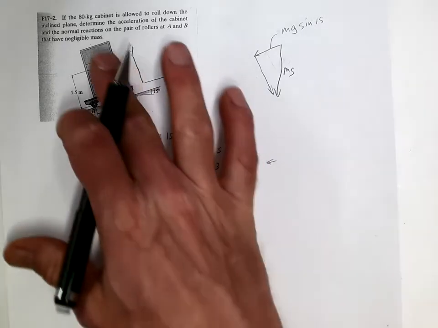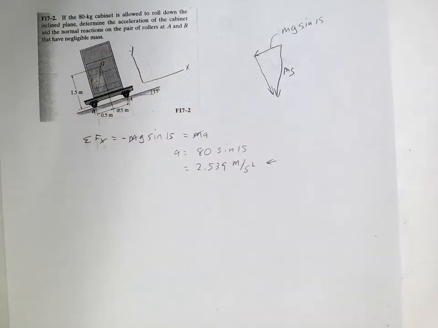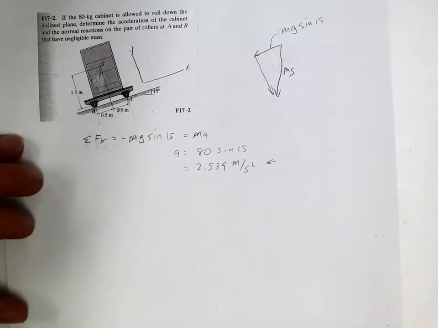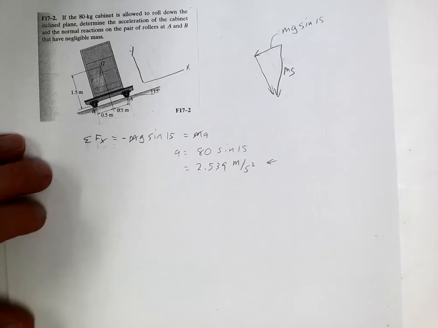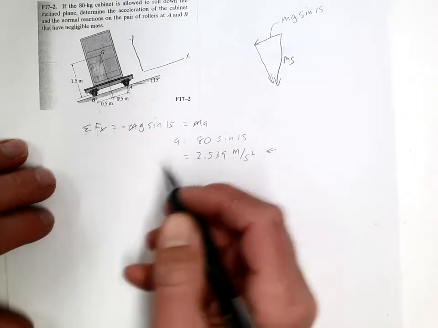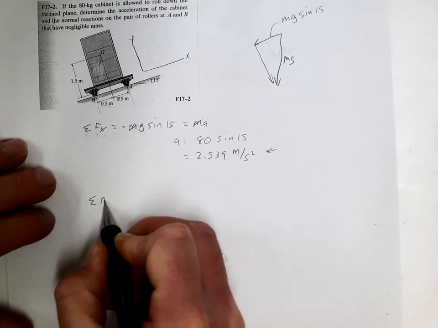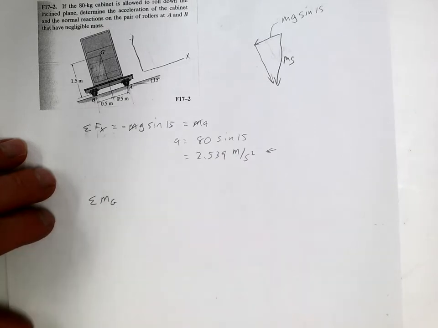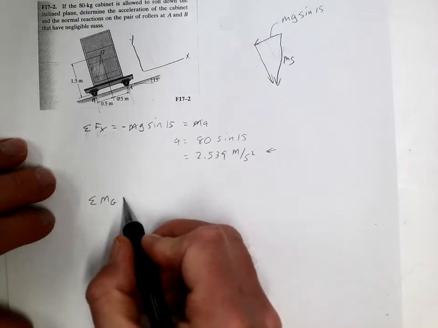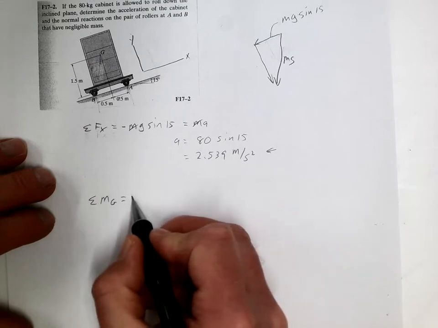Okay, so the second part of the question is, what are the normal reactions at A and B? So I'm going to find these by summing the moments about G. If we sum moments about G, we're going to get 0.